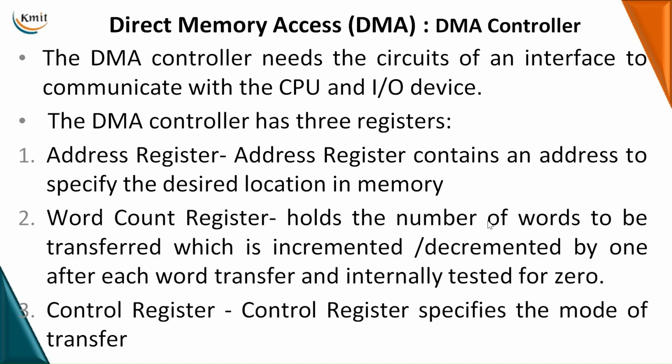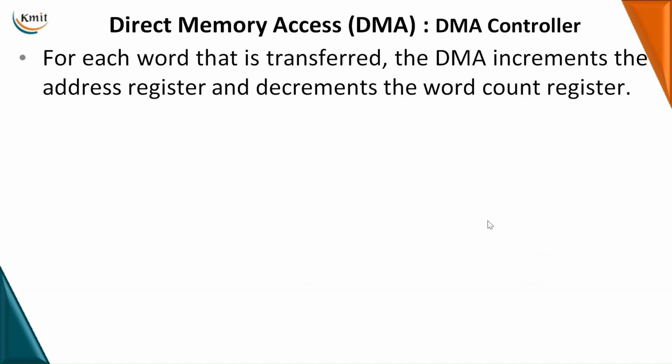The address register contains an address to specify the desired location in the memory. For each word that is transferred, the DMA increments the address register and decrements the word count register. For example, when transferring a word from the peripheral device into the memory, for each and every word the address register will be incremented by one, so that it moves to the next address to store the next word.